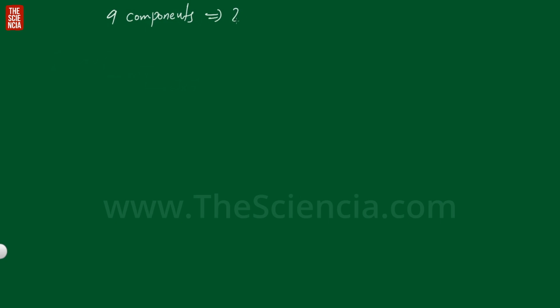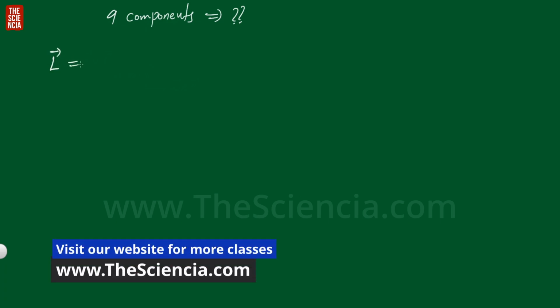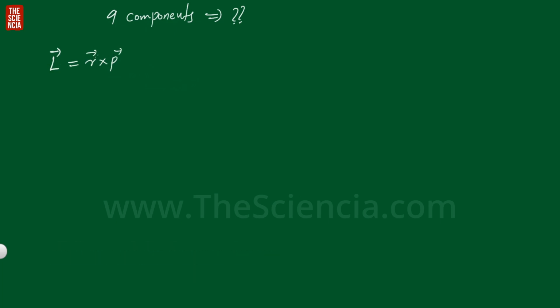Now, what are those components? We are going to find out the 9 components of the moment of inertia tensor. For that, let us consider an angular momentum L, and we know L is equal to r cross p. And what is this p? p is mv.